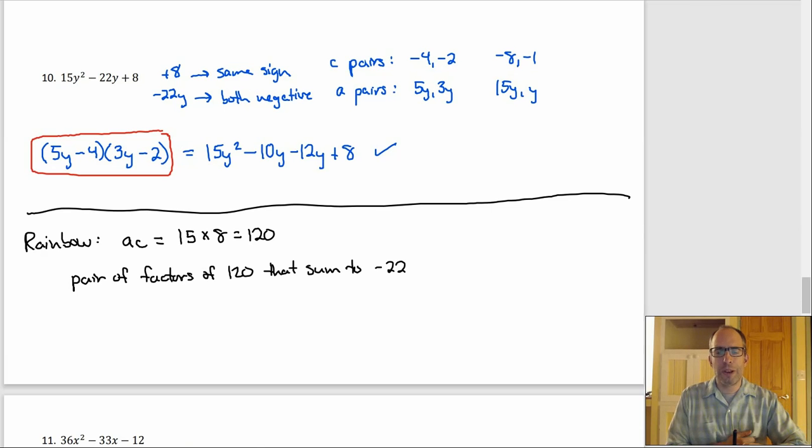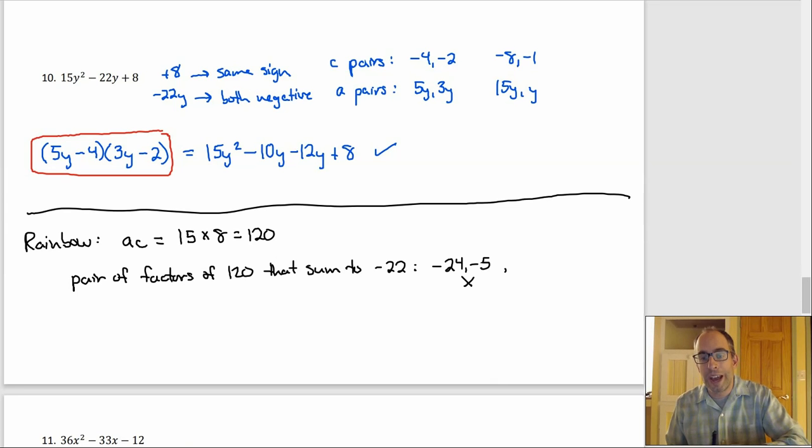So if they're factors of 120, they'd have to have the same sign, but they're adding up to a negative, so they both got to be negative, right? And so your possibilities would be things like negative 24 and negative 5, but that doesn't work because that adds up to negative 29, not negative 22. The one that actually works would be negative 10 and negative 12, right?